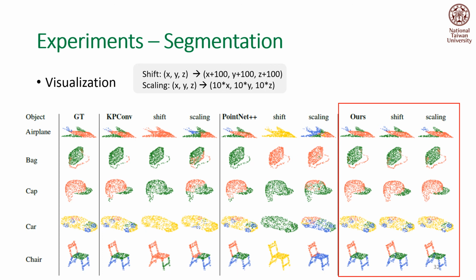We can see that CVPR2020 and PointNet++ failed in both object transformations. On the other hand, our method remains the same prediction with this transformation, indicating the robustness of this method.